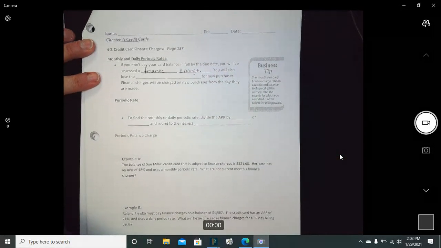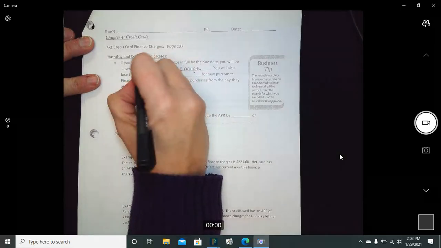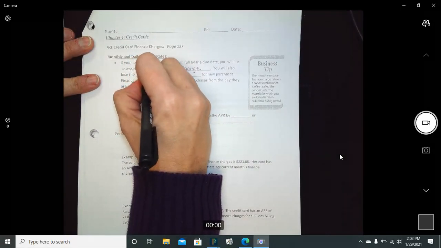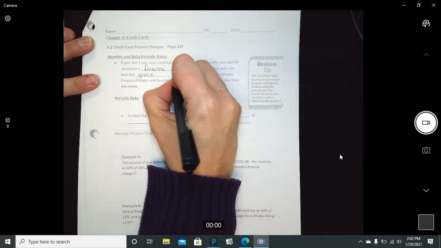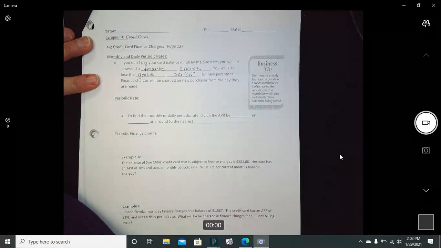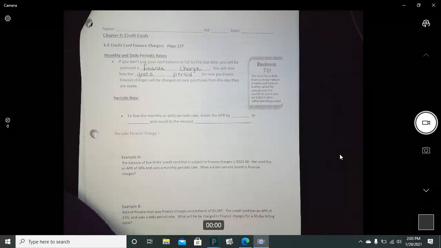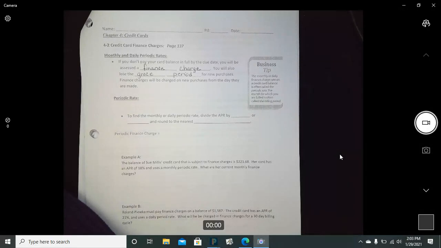Also, whenever you're taking a look at this, you are going to lose the grace period for new purchases. What does that mean? That means if you don't pay in full, you don't get basically a leeway. So your finance charges will be charged on new purchases from the day that they are made.